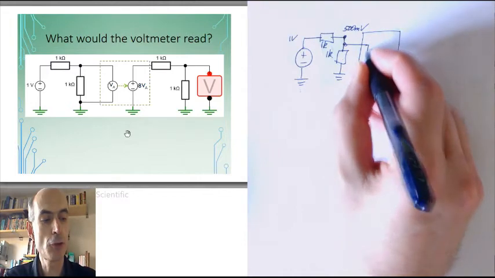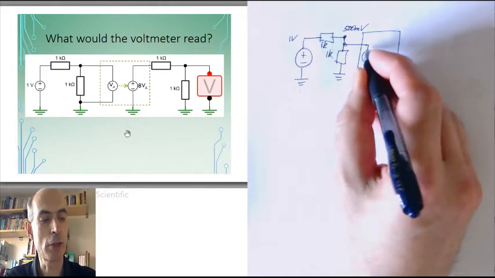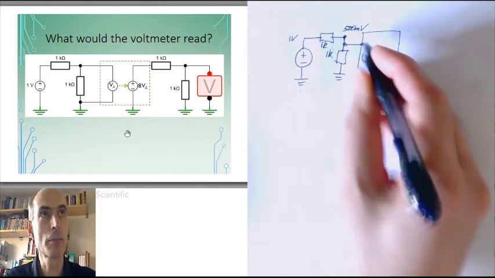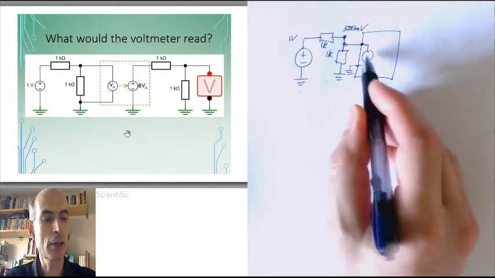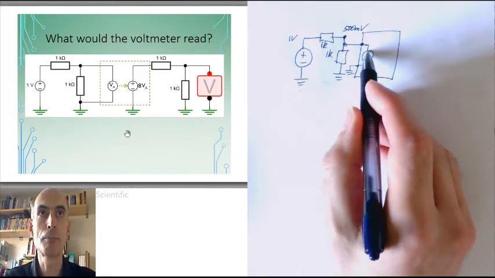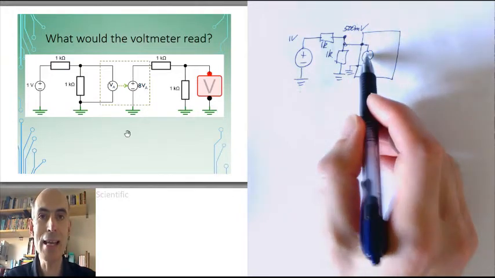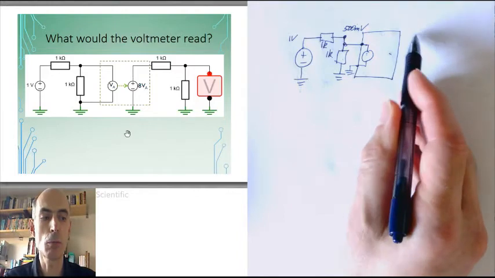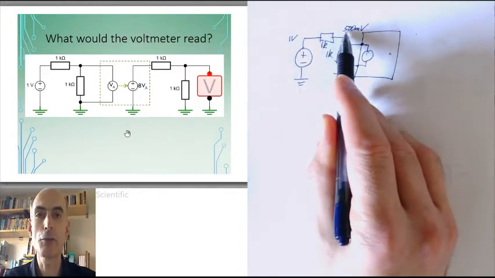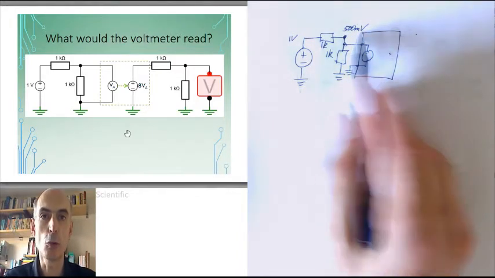That is the voltage which affects the output of the dependent source. The dependent source is measuring the voltage between this point here and ground in this case, so it's going to be measuring 500 millivolts. It then multiplies that by 8 and puts that corresponding voltage on the output. Well, 8 times 500 millivolts is 4 volts.